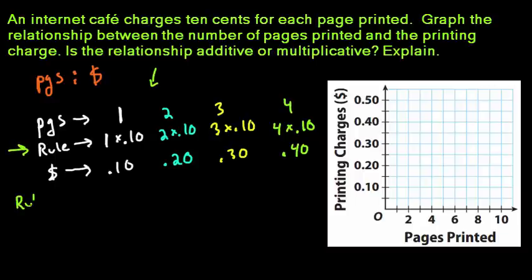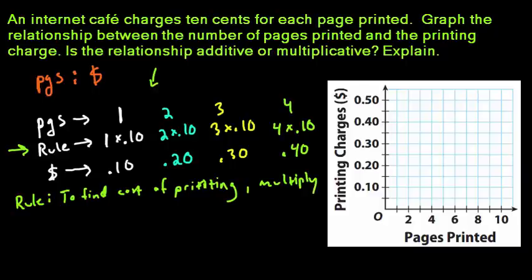Now, if I do it verbally, the rule is to find the cost of printing, multiply the pages by 10 cents. That's our rule. So now we've done that verbally.